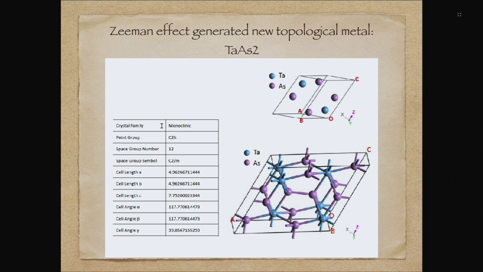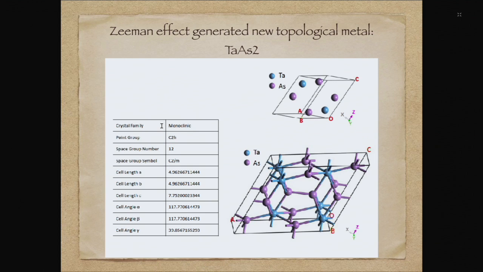So another very interesting phenomenon of the G-factor, of course, as I mentioned, is the topological nature of the G-factor itself. If the G-factor has a very strong k dependence, it can split a Fermi surface into two. Then after splitting, each of the Fermi surfaces will carry a Chern number.